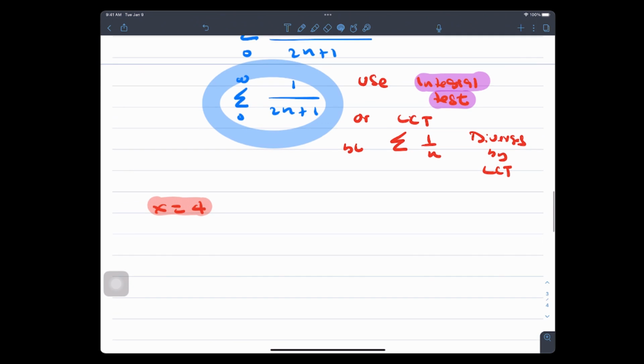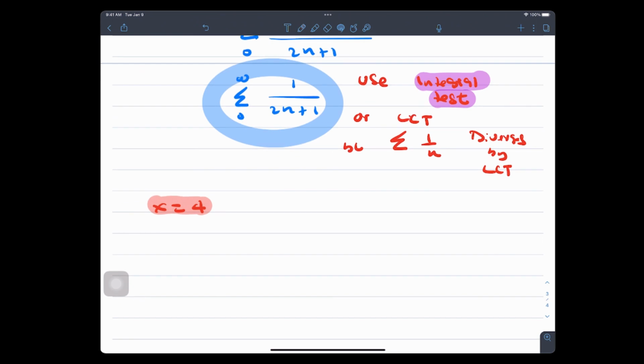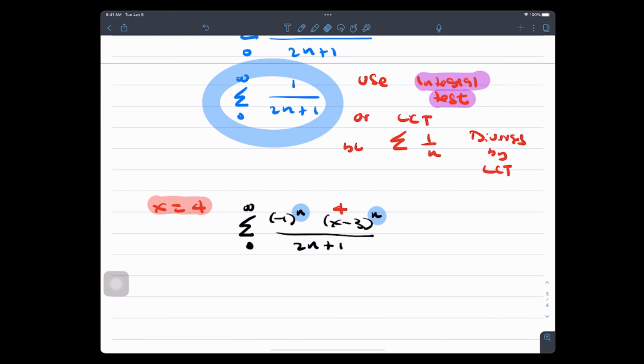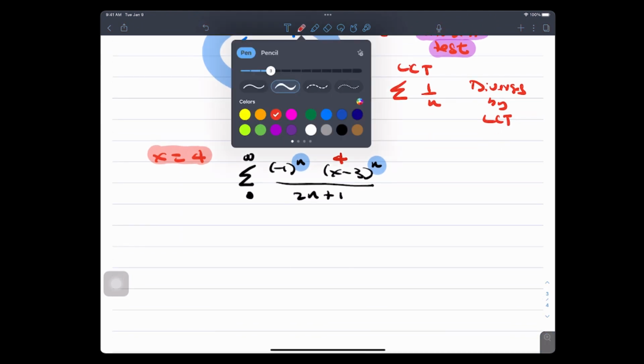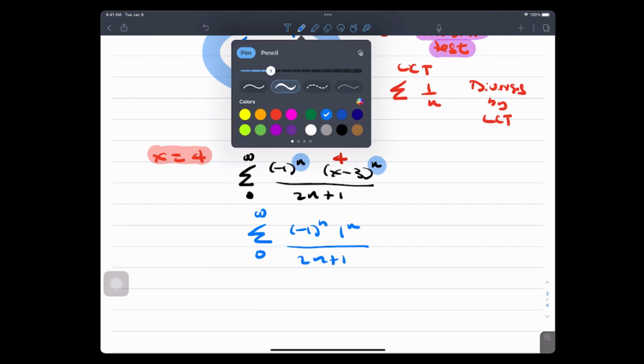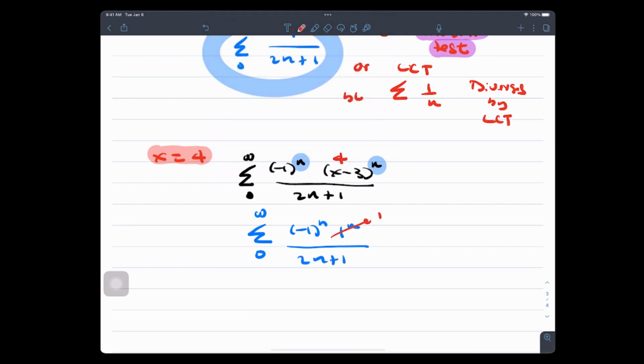That's 1 to the n. Now that 1 to the n, ladies and gentlemen, is going to be 1 again.